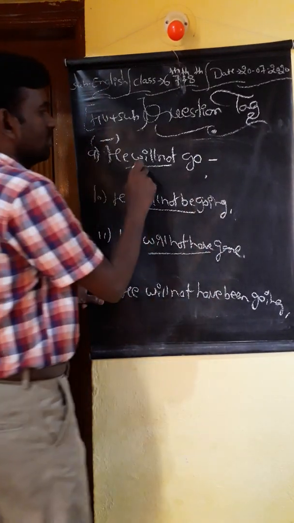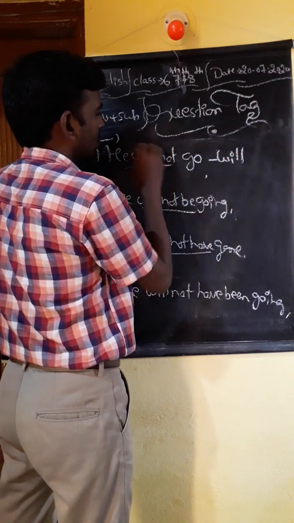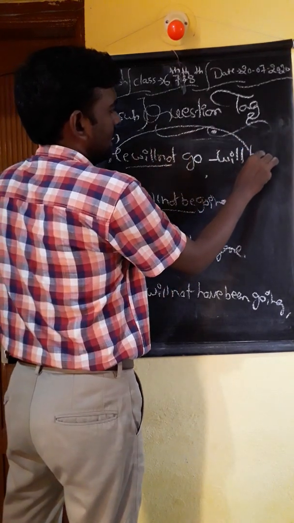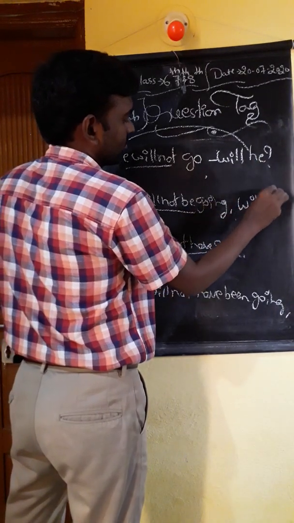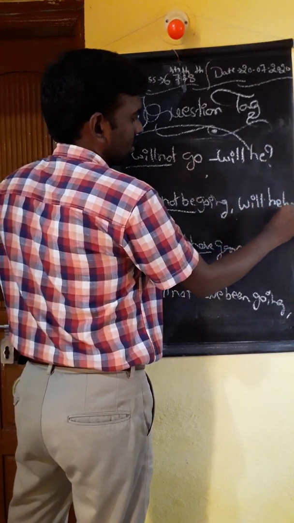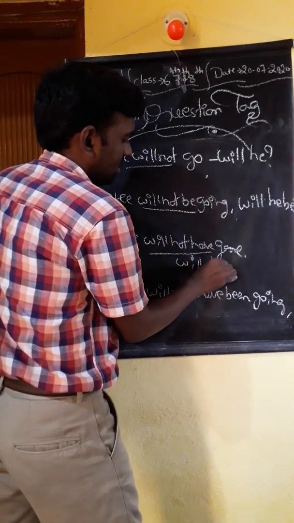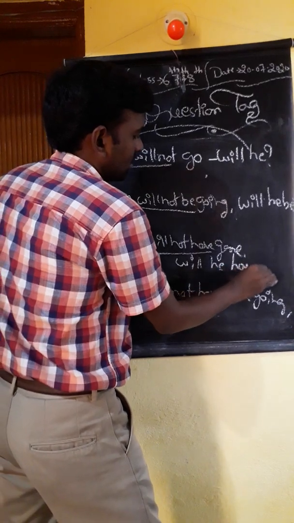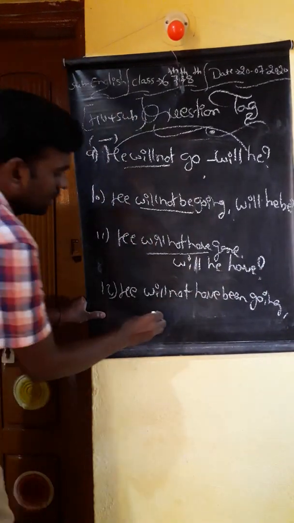So he will not go. The question tag for this one, just remember the helping verb. So already not is there. Just remove it and apply the subject. Here it is: will he. Here it is: will he be. And here it is: will he have.